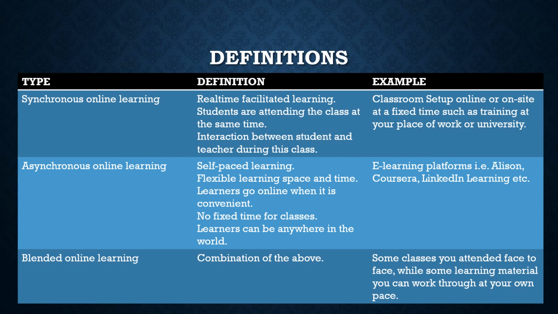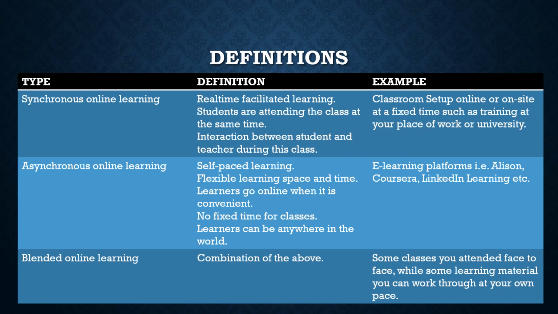Before we run into e-learning, it is important to understand a few definitions. There are three definitions: synchronous online learning, asynchronous online learning, and blended online learning. Synchronous online learning refers to facilitated learning.